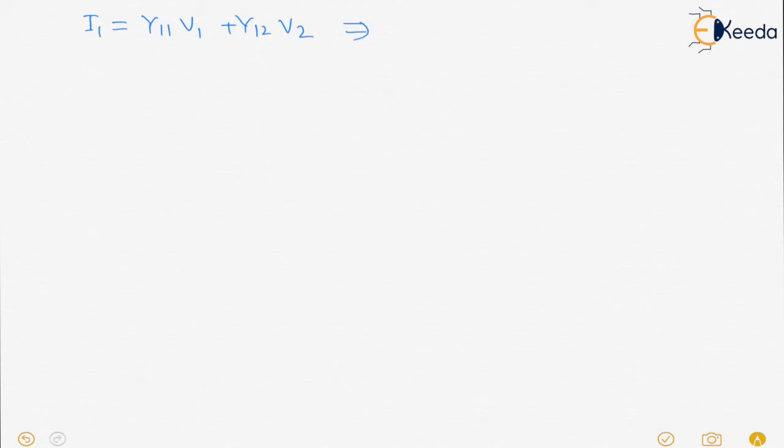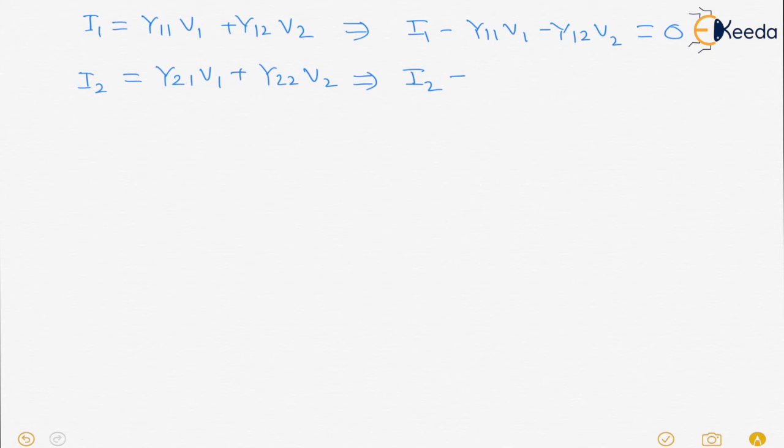From here we can write I1 minus y11 V1 minus y12 V2 is equal to 0, and I2 can be written as y21 V1 plus y22 V2. From here we can write I2 minus y21 V1 minus y22 V2 is equal to 0.